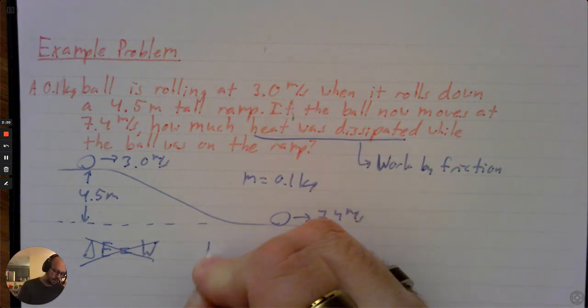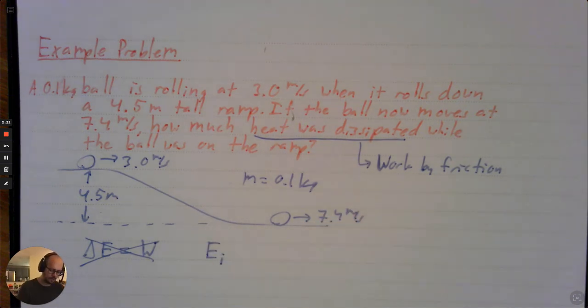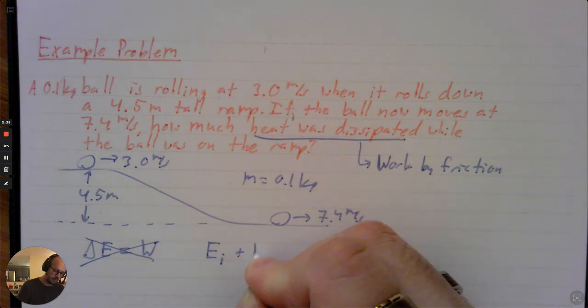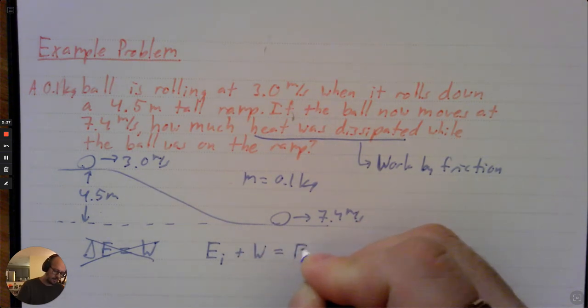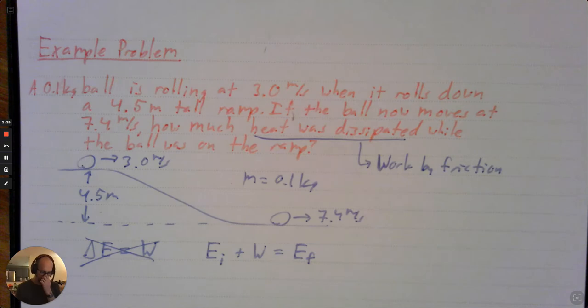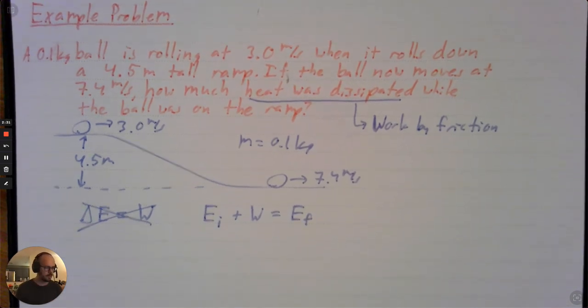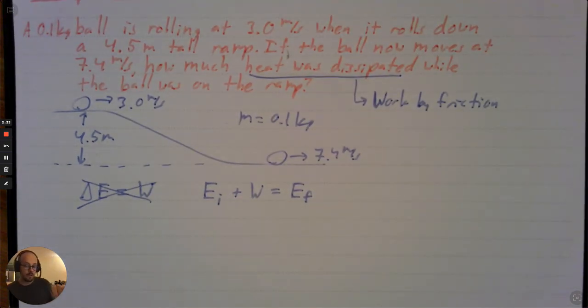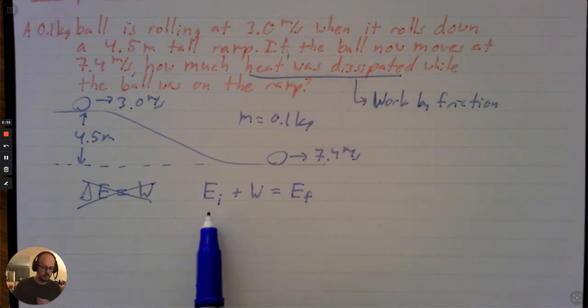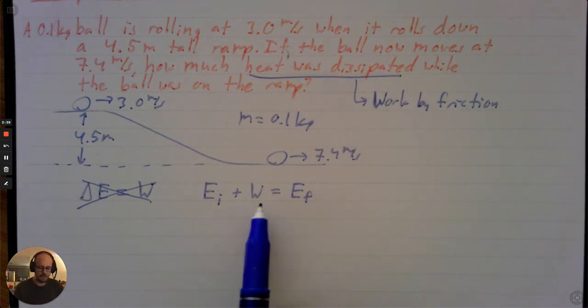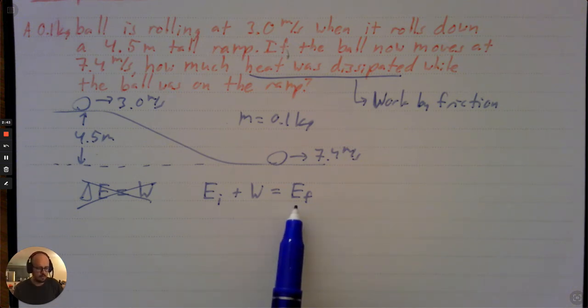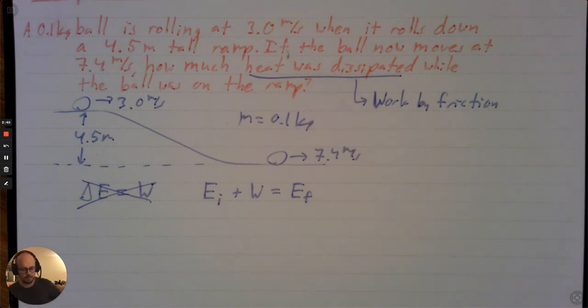The way I write it is initial mechanical energy plus work equals final mechanical energy. It allows me to show the variables in the sequence they would happen, where a system would have some amount of mechanical energy, and then maybe work was done on it or by it, and then there's some mechanical energy afterwards. So the work has to come in between these two, and that's why I write it like this.